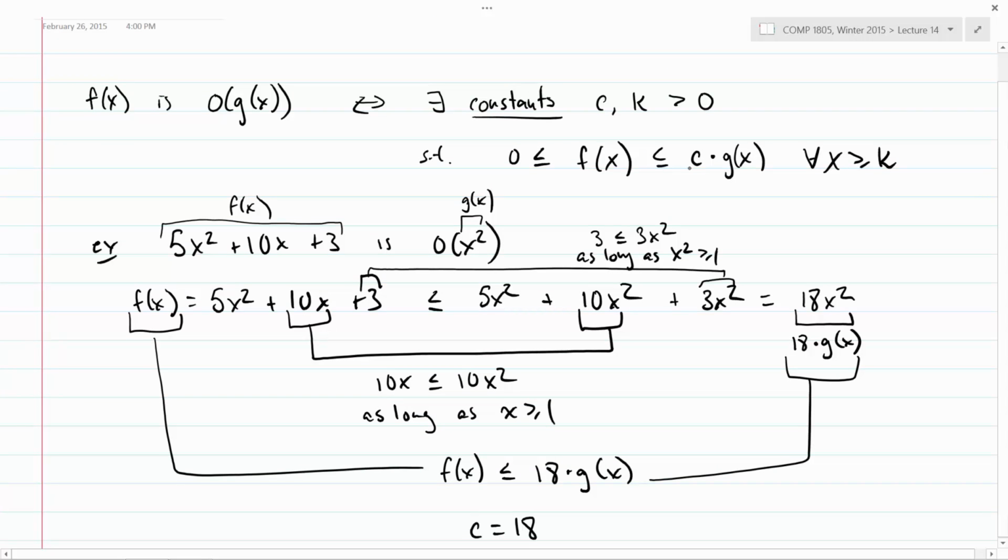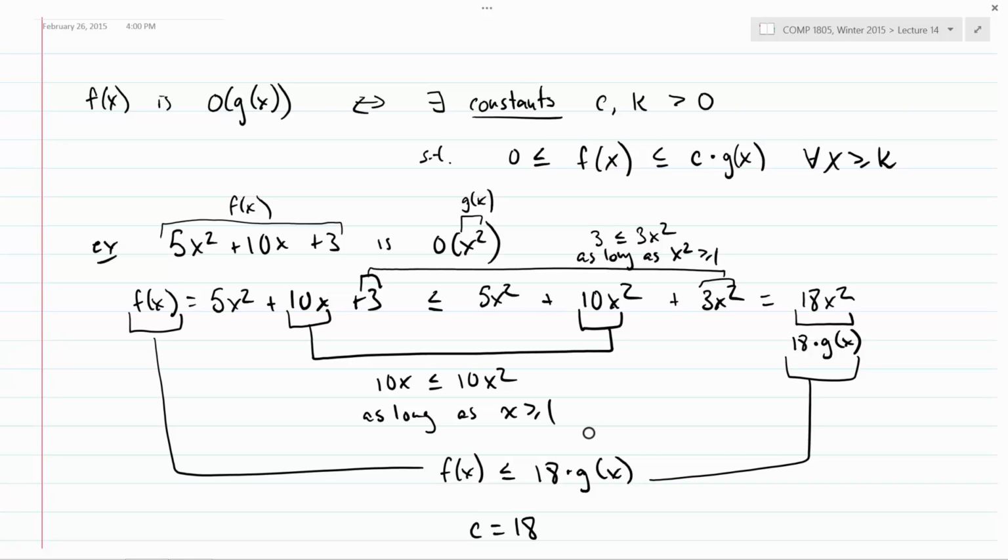And what's my k? Well, I did a bunch of steps in my derivation, right? In all these inequalities I wrote down, I did a bunch of steps. And those steps were only true for certain values of x, right? So this step right here, converting the 10x to a 10x squared, that's only true as long as x is at least 1. And similarly, converting this 3 to a 3x squared, that's only true as long as x squared is at least 1.